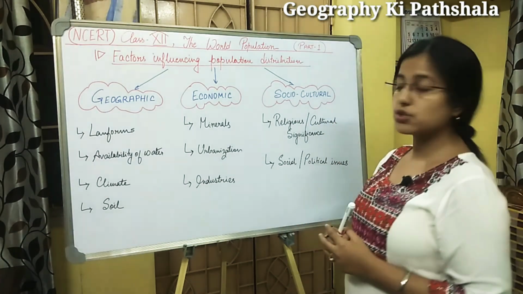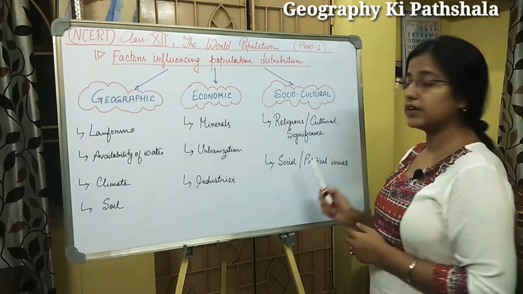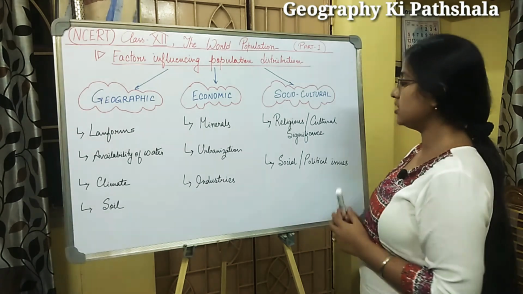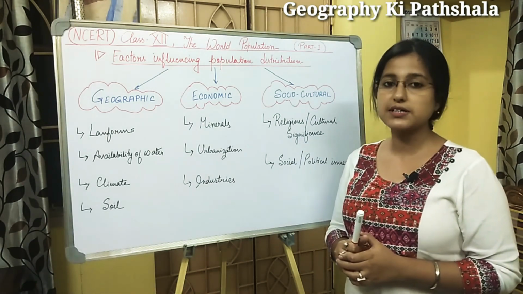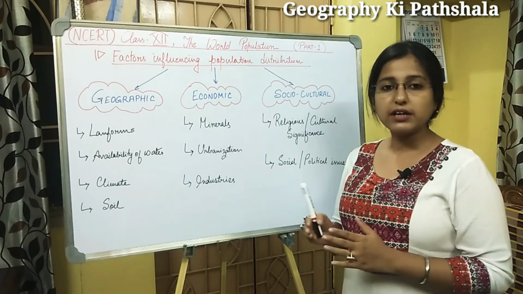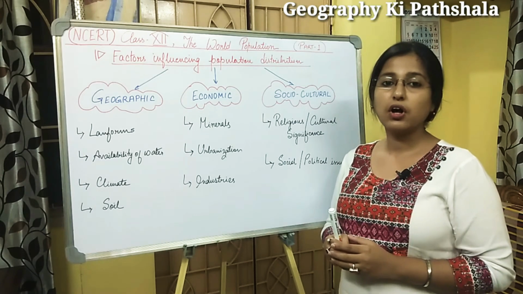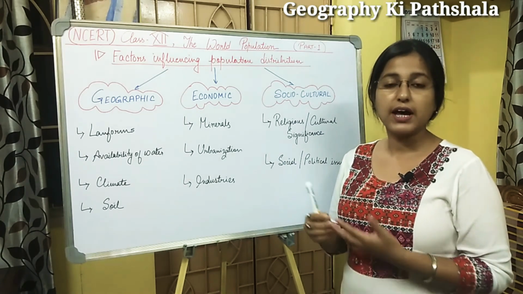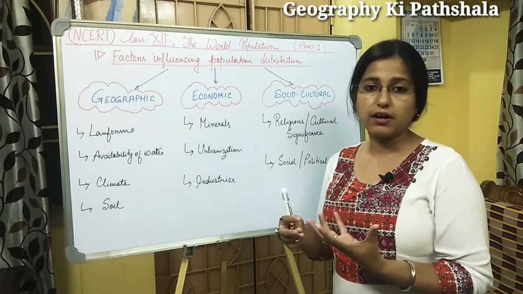Next come socio-cultural factors, which are religious or cultural significance and social or political issues. Over here, for religious or cultural significance, I can give you the example of Banaras. In Banaras we can see a high concentration of population because of our religious belief and also the cultural significance of that area.